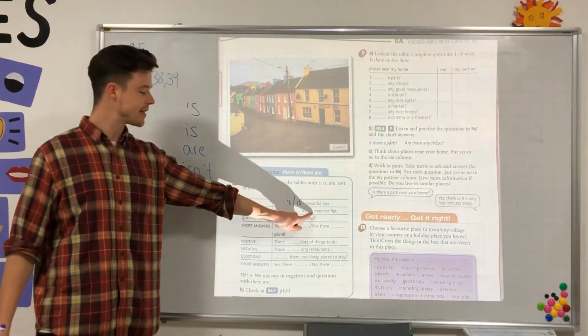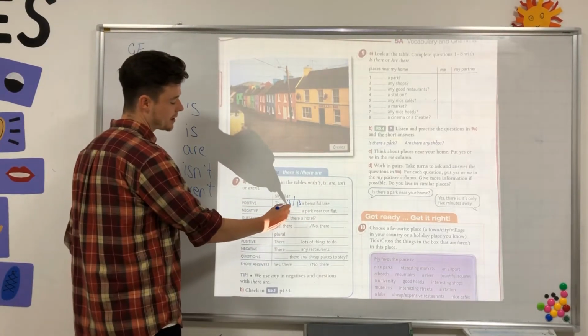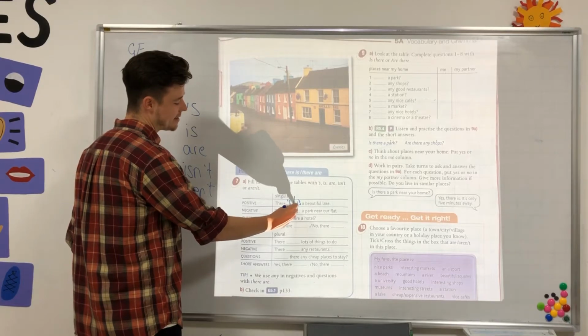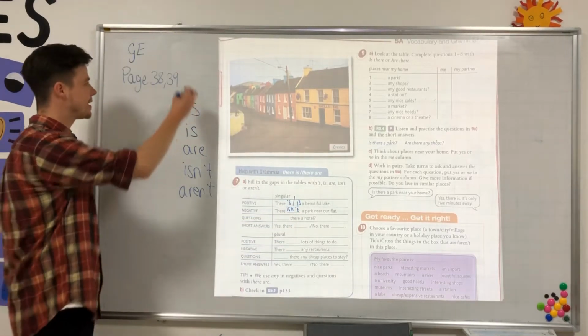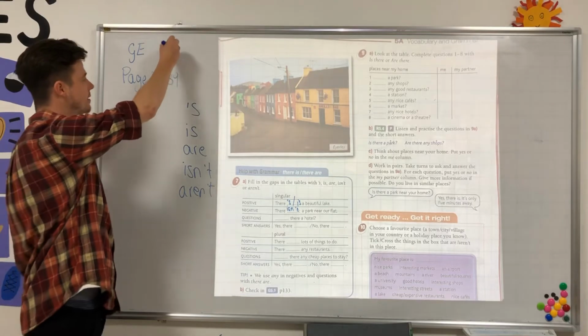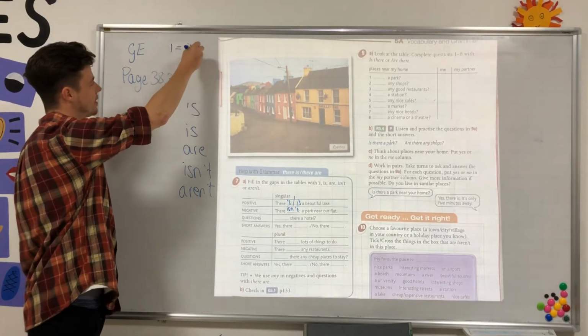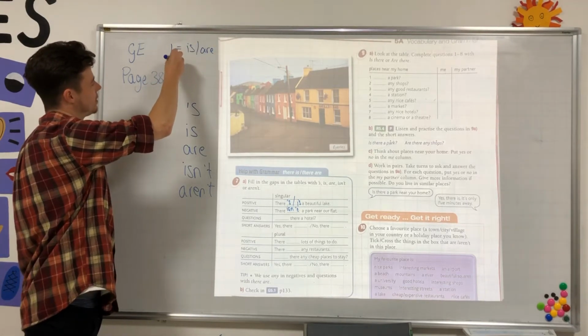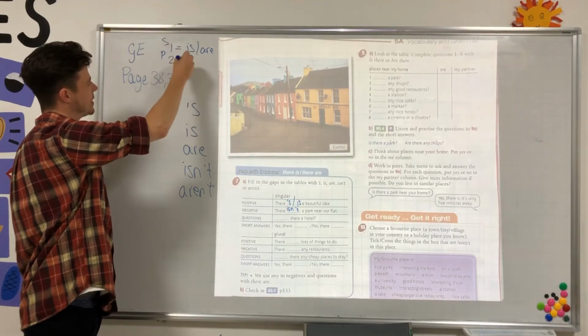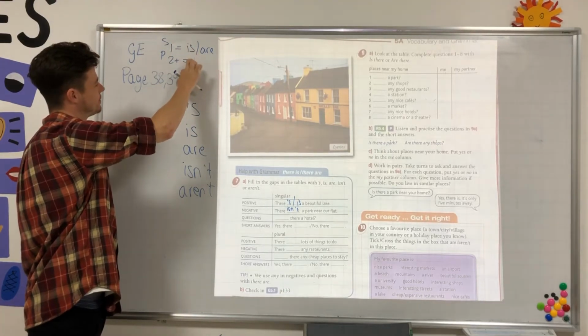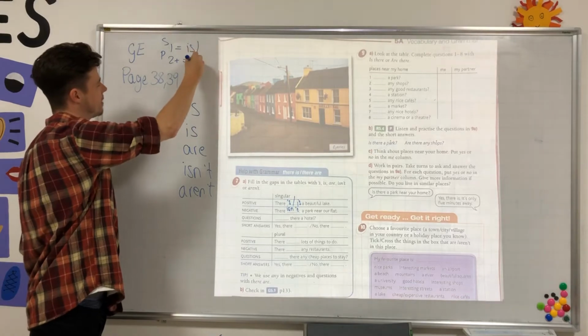So it is singular, we would use isn't, alright? So for singular, we use isn't, is or are, and for plural, we can use are.